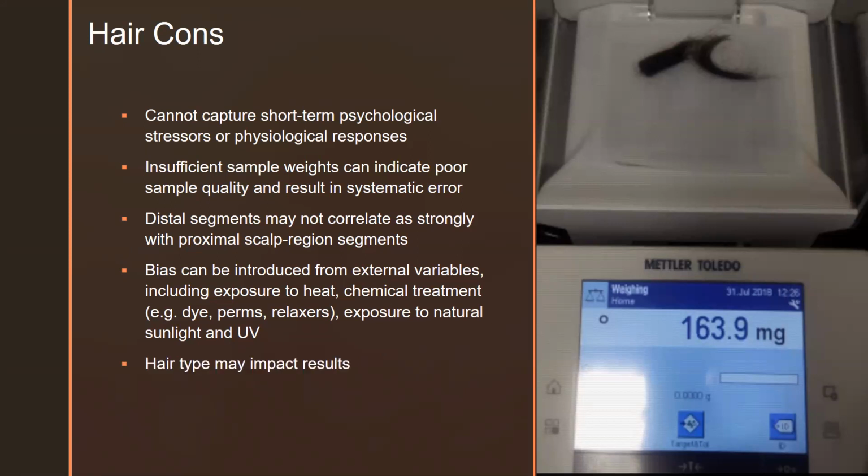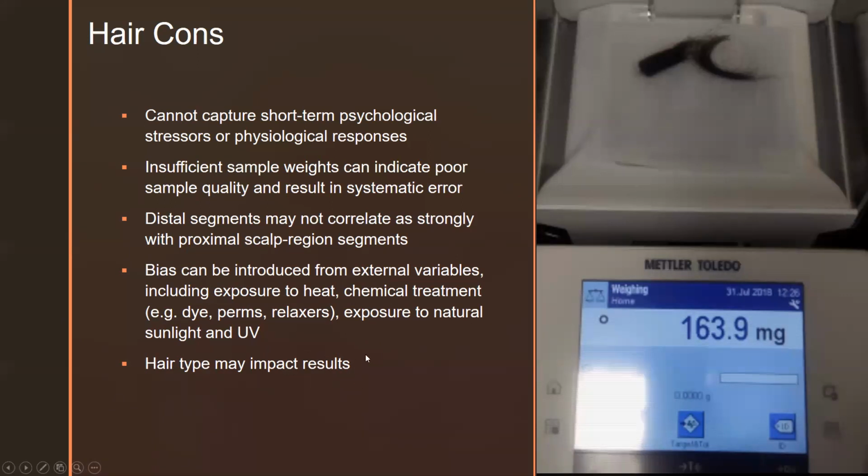You can test these in your models to make sure that they don't have an effect and then take them out later. But it is also a con that if you do end up having to control for these, think about your degrees of freedom and how that might change your experimental design.